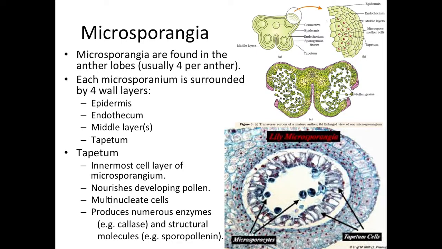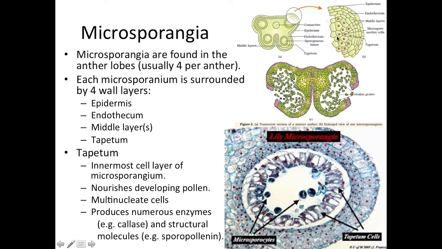So you can judge how far along in microsporogenesis or microgametogenesis a sporangium is based on the anatomy of the tapetum, based on how disintegrated it is. The tapetum cells are unusual in that they're usually multinucleate cells. They have multiple nuclei, and that allows them to make many, many products very quickly.